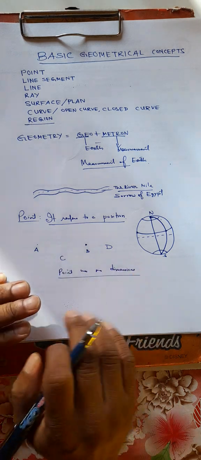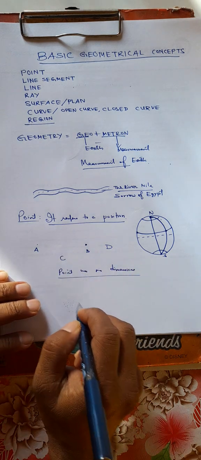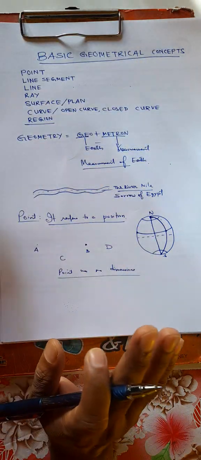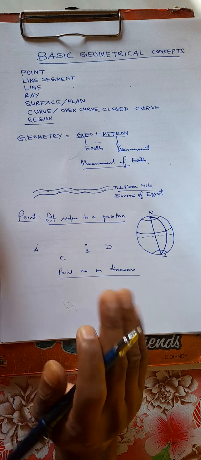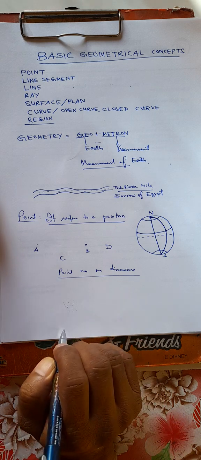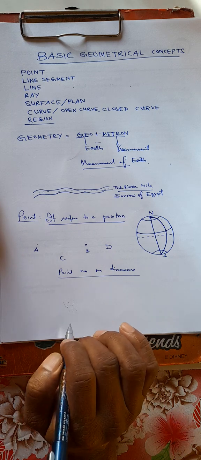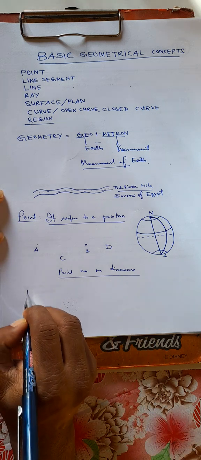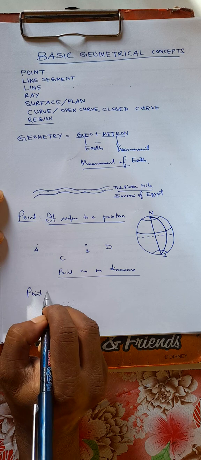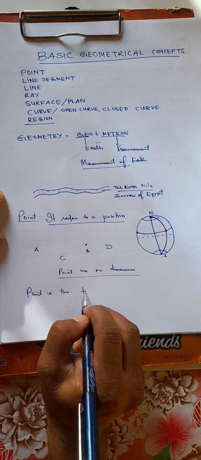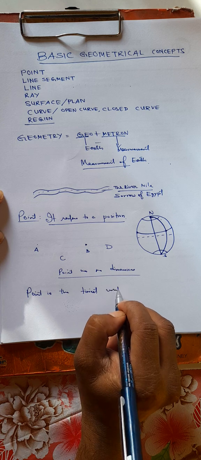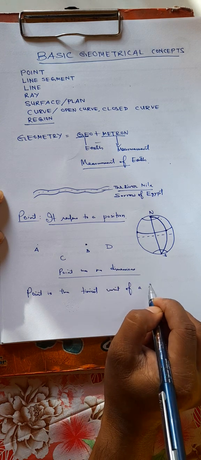On the white paper you are making too many points surrounding a point, so you got a plane surface. So plane surface is actually a collection of points. So now point is the building block of the surface, the tiniest unit of the surface.